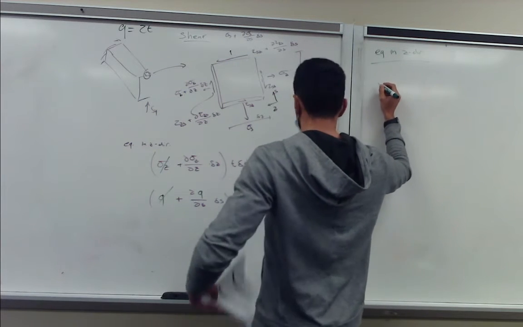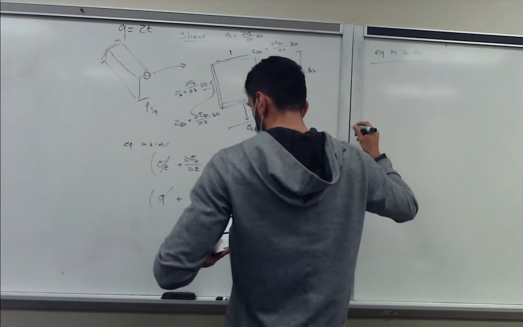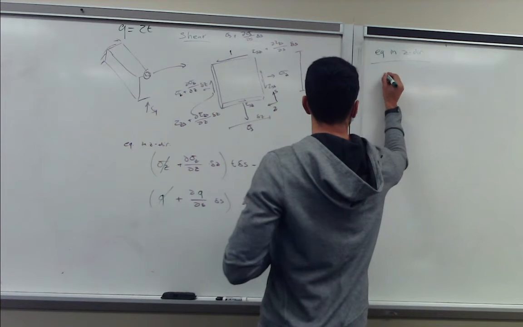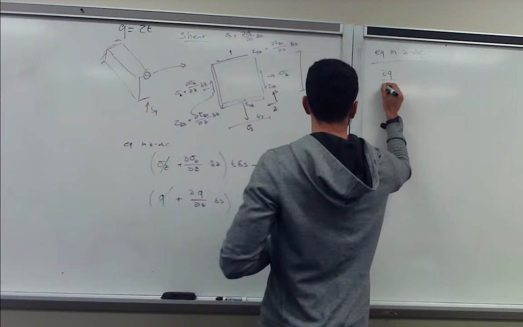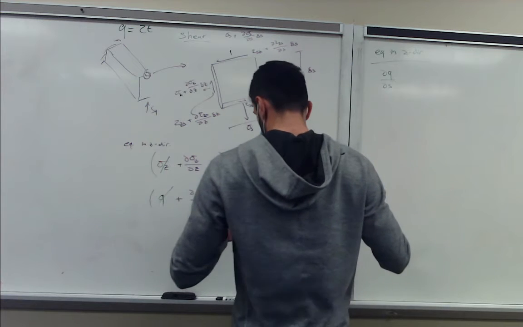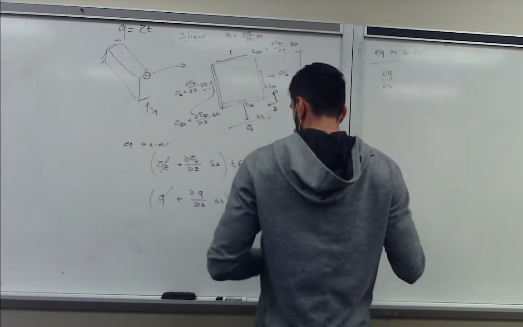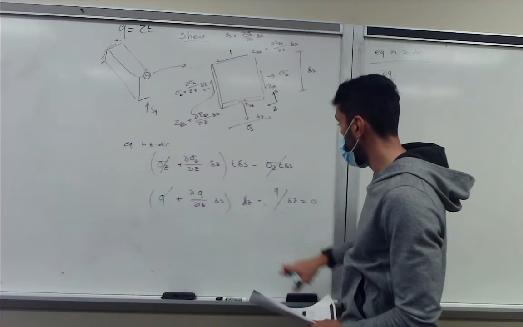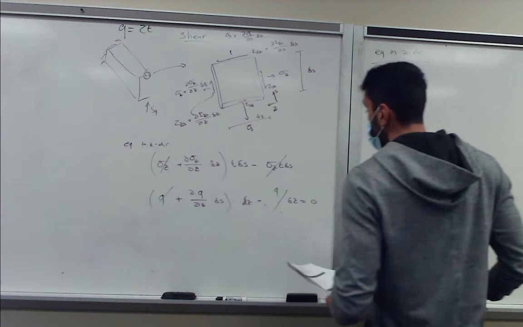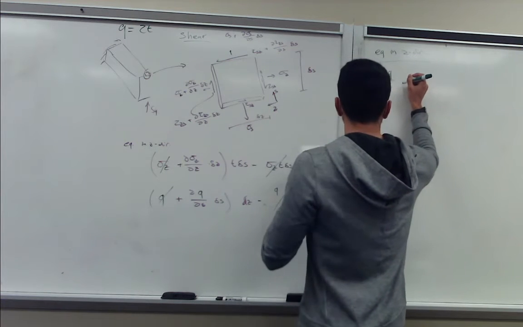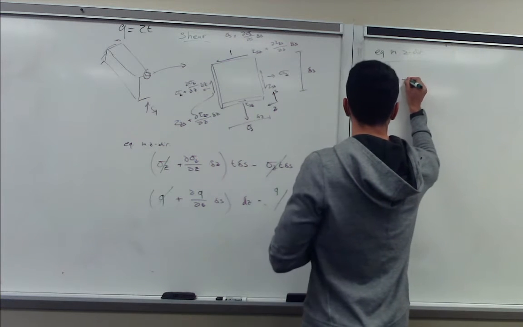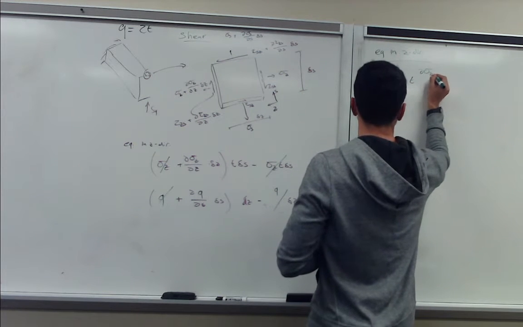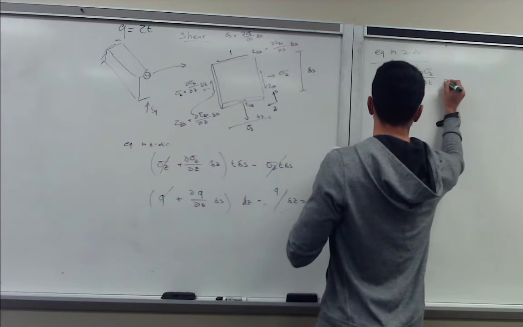So we get dq ds, and of course we can also just divide by ds and dz. So we get dq ds plus thickness times d sigma z dz is equal to 0.